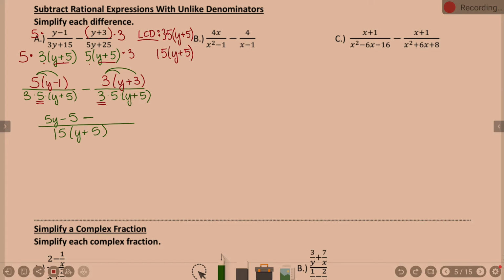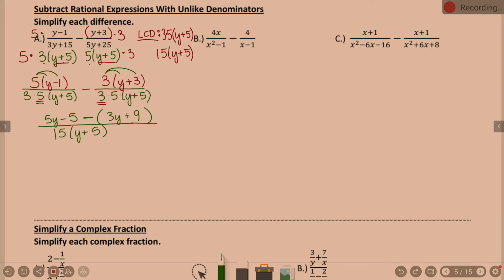So I'm going to say we are subtracting everything in the second fraction. And so 3 times y is 3y, plus 3 times 3 is 9. So the idea is we're going to be subtracting the 3y plus 9.